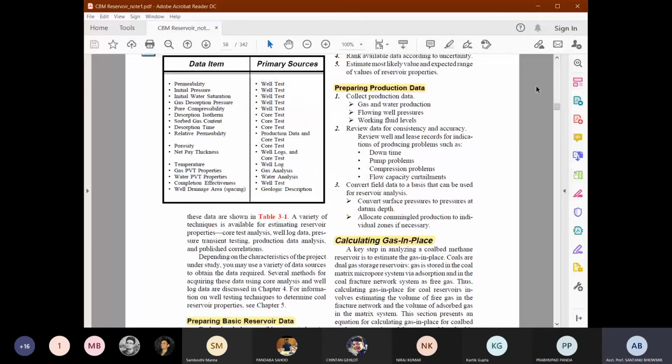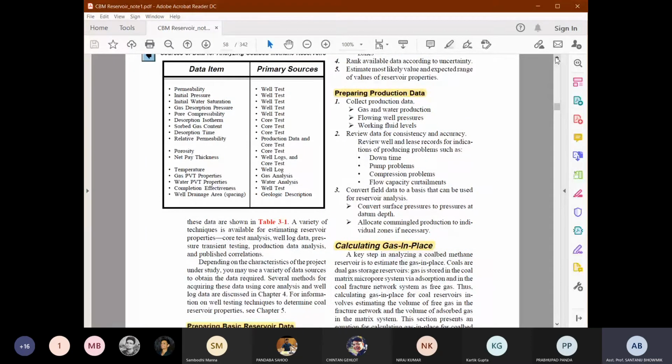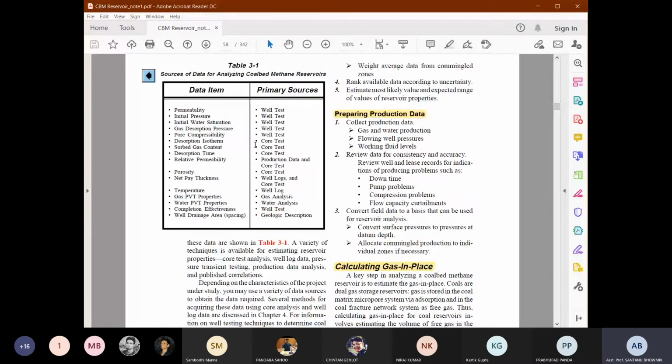And then with this data, how we are going to calculate the gas in place is the next step. So I'll be discussing briefly, referring to table 3.1. All of you are requested to see table 3.1.